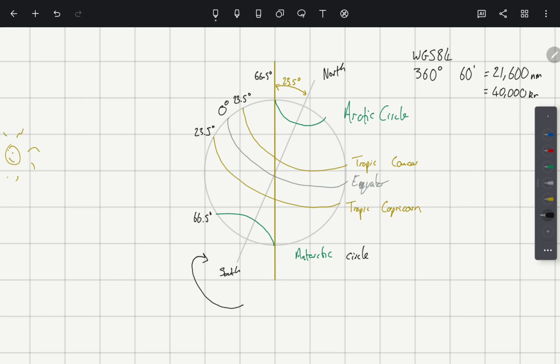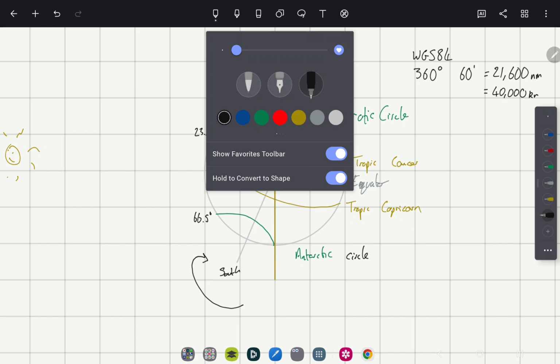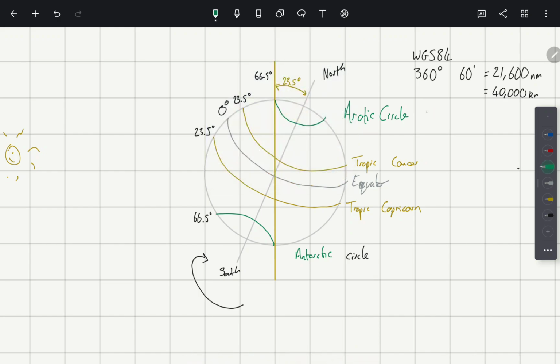Now the Earth does orbit around the sun on a plane of the ecliptic. That's the orbital path. So that can also describe the relative movement of the sun in relation to the Earth, the relative movement.